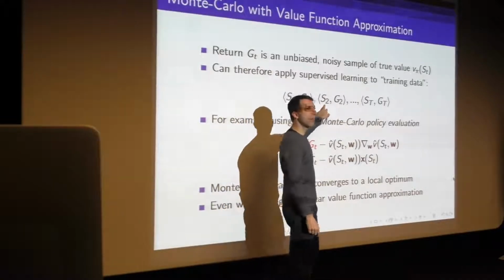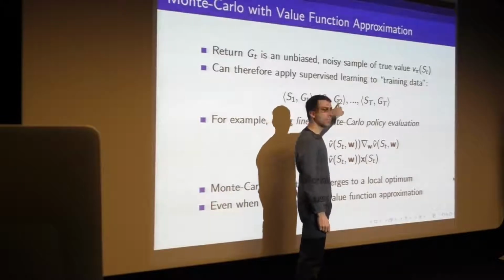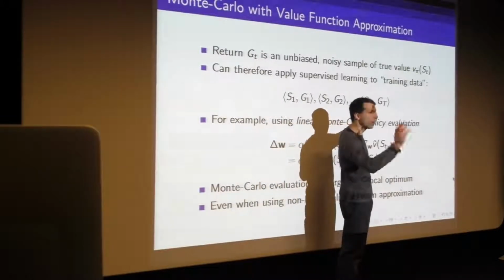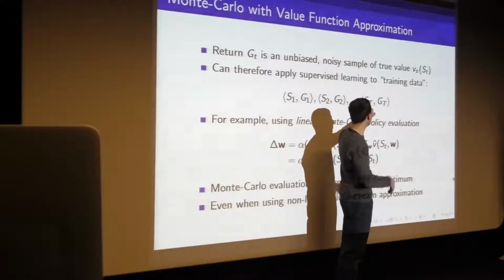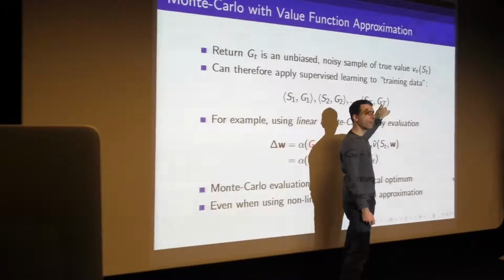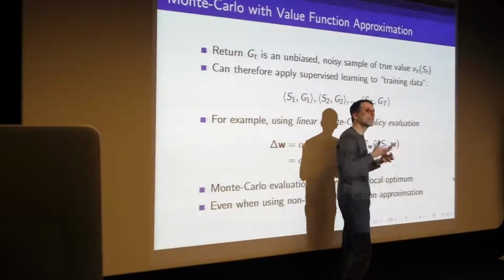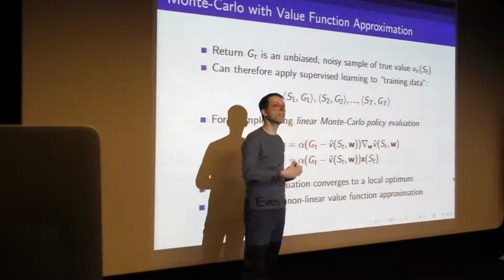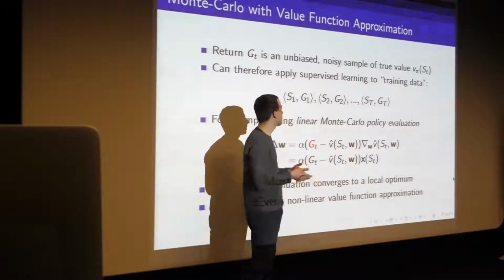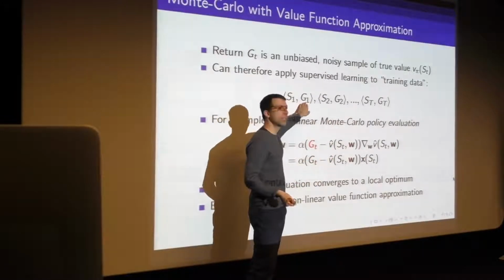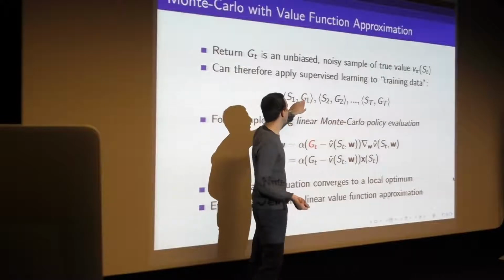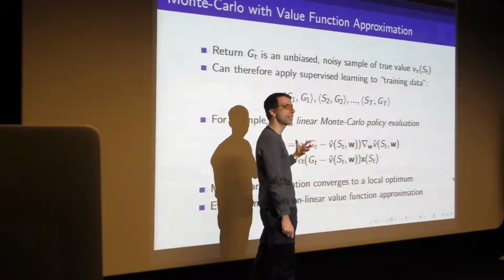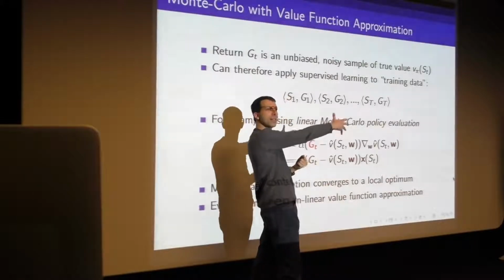And then we visited state S2, and from S2 we got a return of G2, all the way up to our final state, wherever the agent got to, and its final return here. So that's the data that the agent's seeing. It's seeing all of these states, and from each of those states we've got some estimate of the return, which we're using from our Monte Carlo learning. We're just rolling out and seeing how much reward we actually got from each of those states. Think of that as your training data.